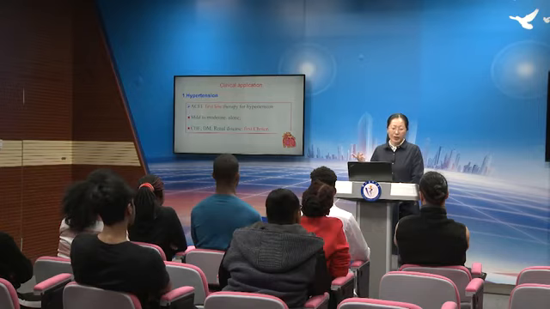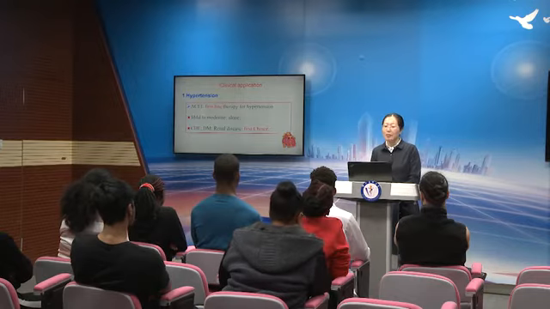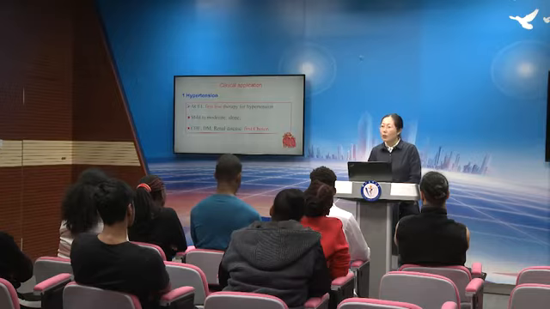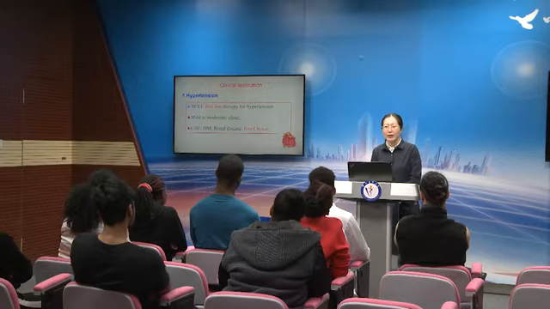And especially these drugs should be used in heart failure patients, diabetes mellitus patients, or renal disease patients with hypertension as the first choice. The reason, we explained just now.